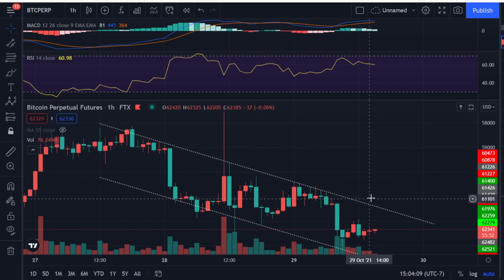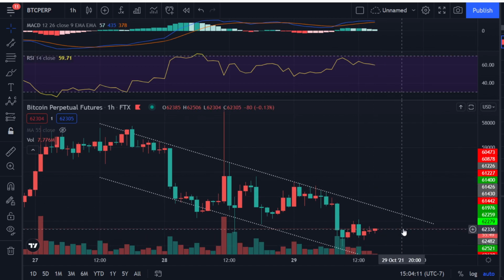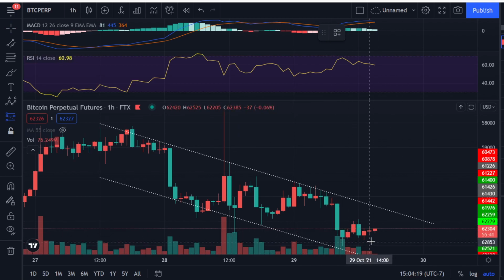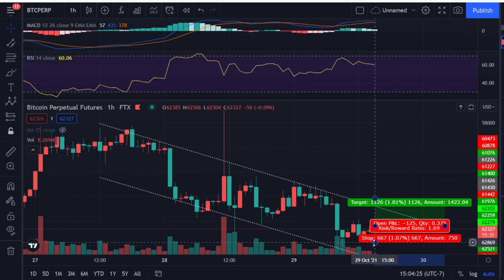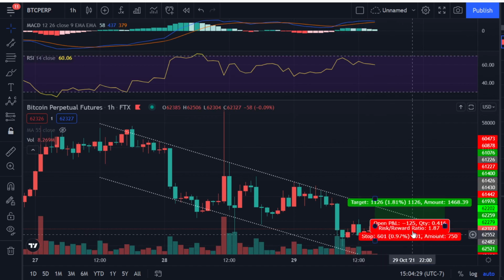Like this is the second entry, excuse me, for bears. We had the first short entry right here at this exact price, 62,300, and then the second short entry will be down here, the pullback short entry with a stop. I guess you can put the stop underneath here. You could even put the stop underneath here, but that's a little bit tight.